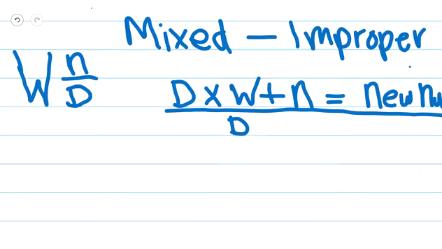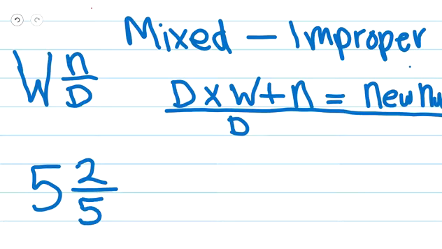All right, let's try 5 and 2/5. Let's do that, why not? So the formula is the denominator, which is 5, multiplied by the whole number, which is 5, plus 2. So let's do it.